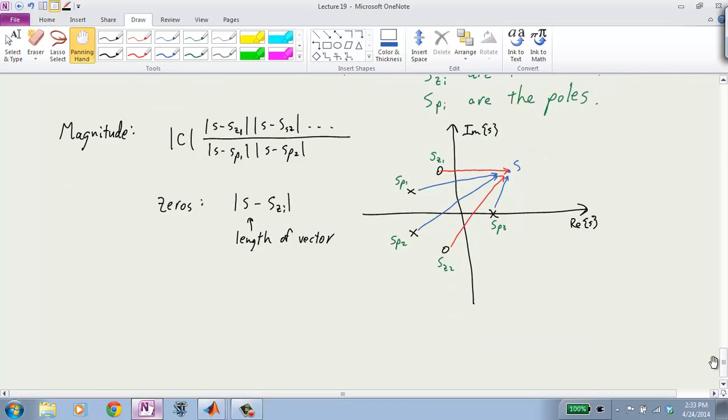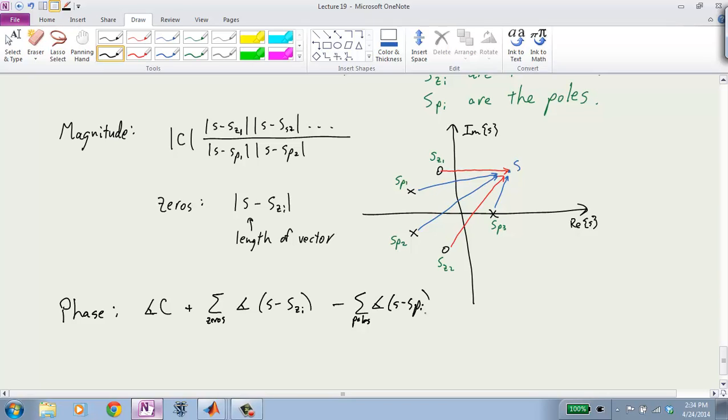Okay, now what about phase? The phase, again, we would have the phase of C, so some constant phase from the constant, plus the sum over the zeros of the phase of S minus SZi, minus the sum over the poles of the phase of S minus SPi.